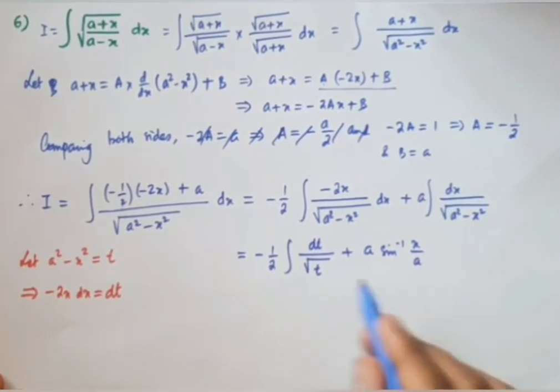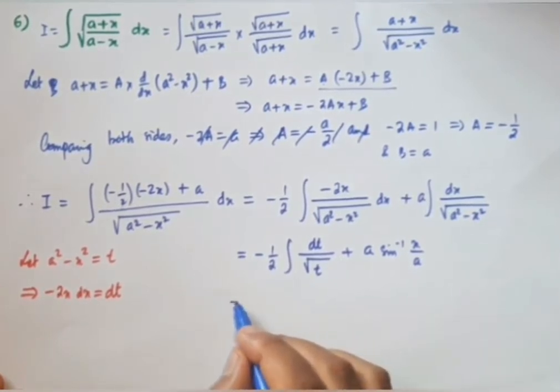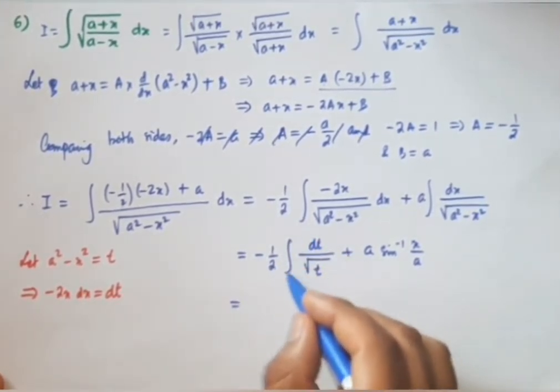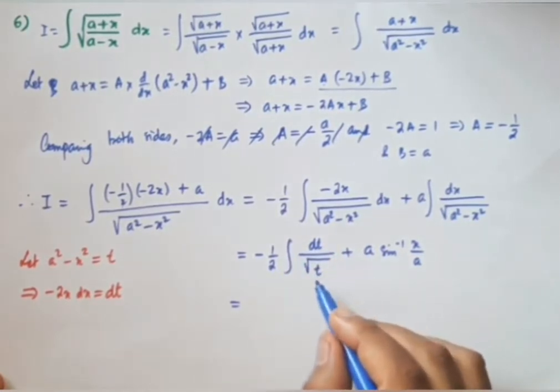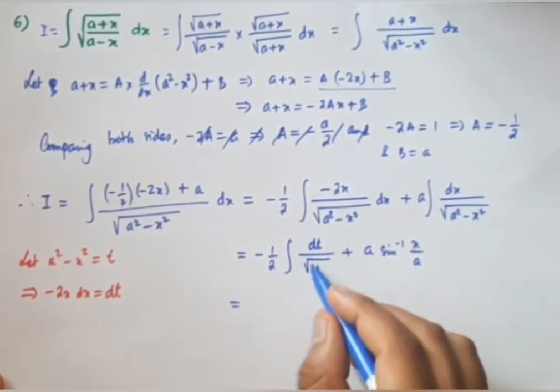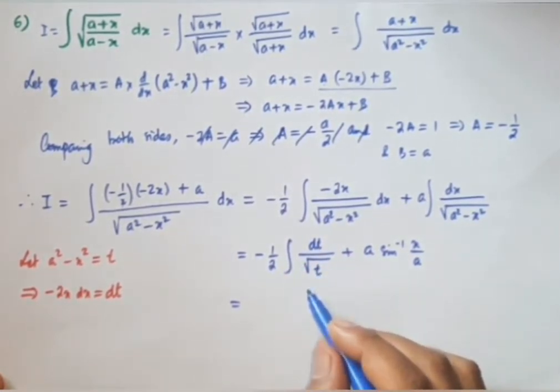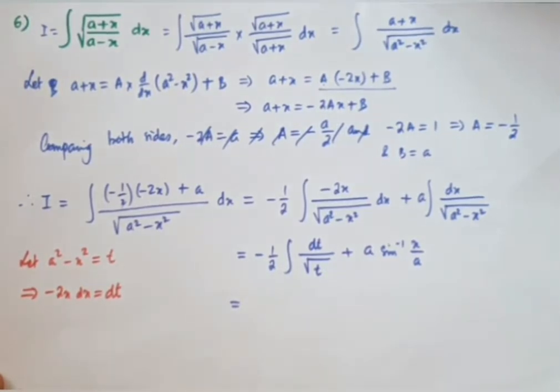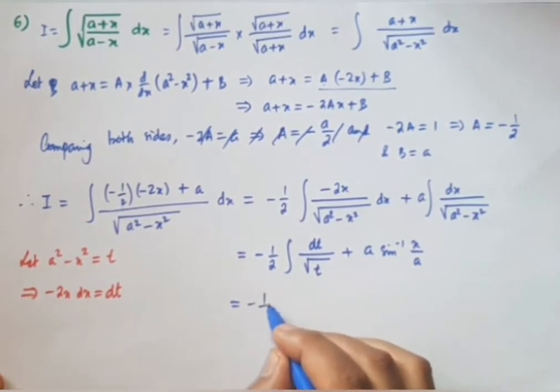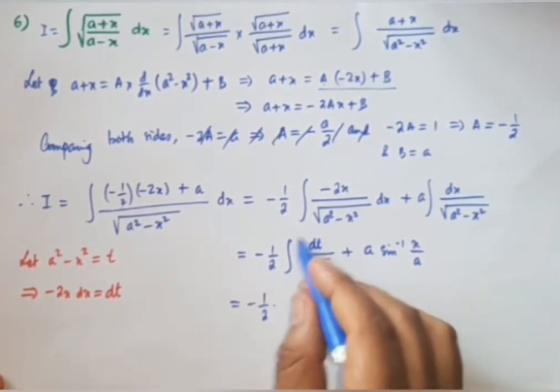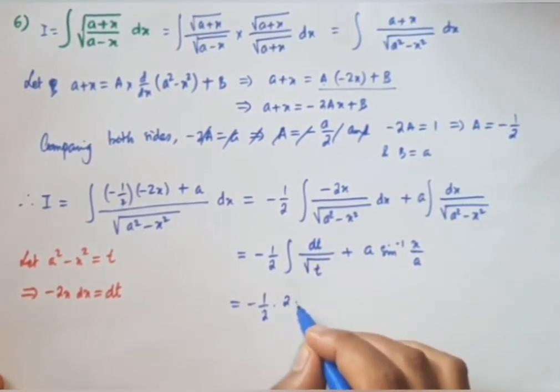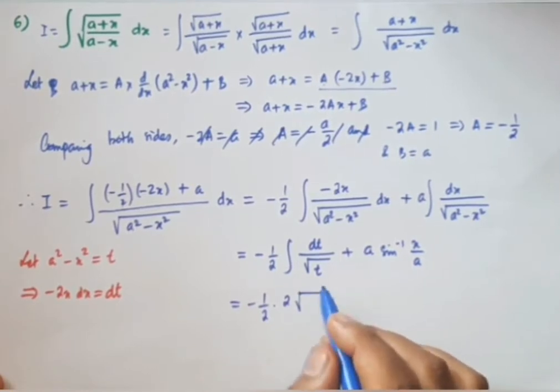We have not yet finished our integral part, so this has been seen in the earlier problem. So the integral of this was equal to 2 root over t, right? So minus half is there, so into the integral of this is 2 square root of t, and how much is t actually?